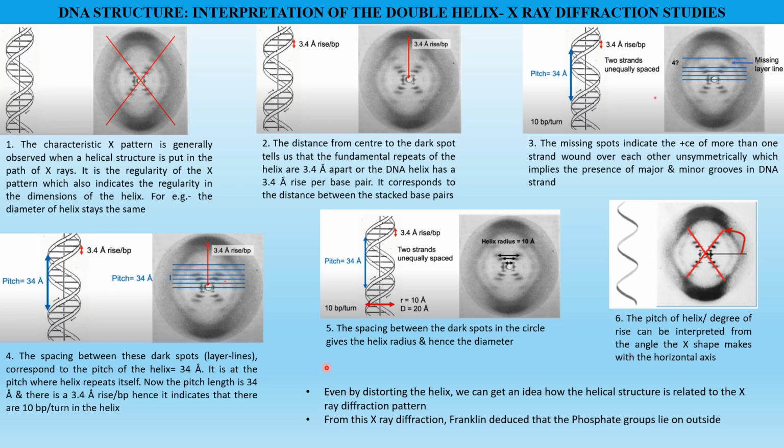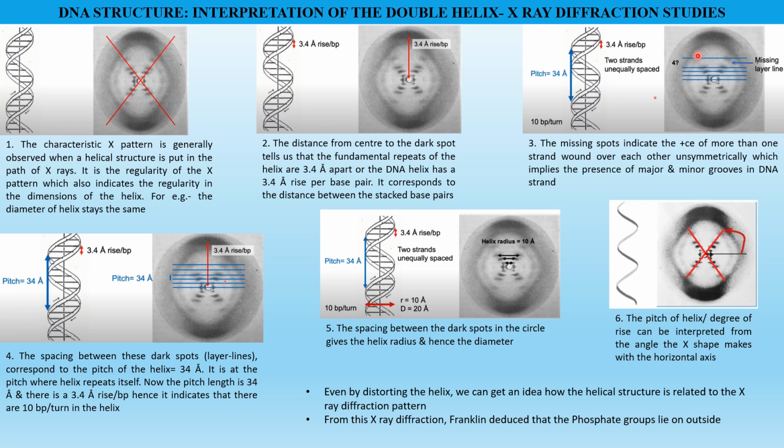The pitch of the helix or the degree of rise can be calculated from the angle which this X pattern makes with the horizontal axis. There are also some missing layer lines as we go up in this X-ray photo. You can see here this is missing. At first it is fairly consistent, but as you go upwards or downwards, you will find it a little inconspicuous.